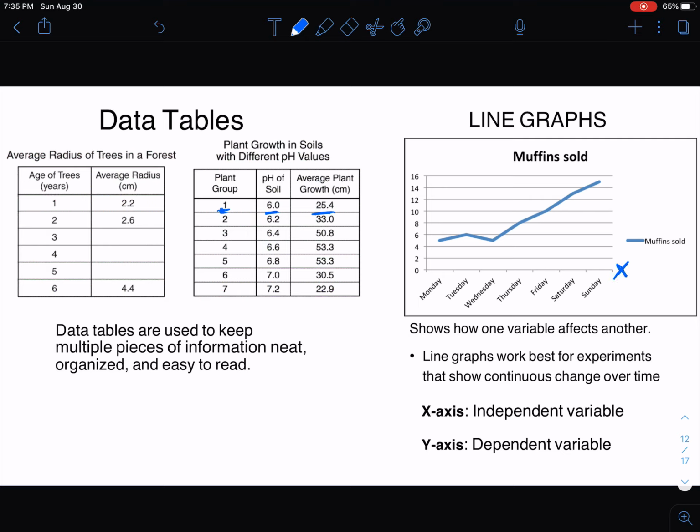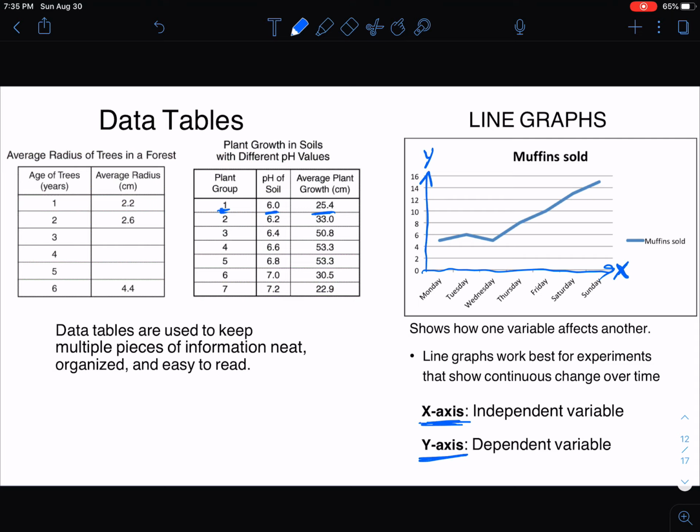The horizontal axis is your x-axis, and your vertical axis is your y-axis. And your x-axis is your independent variable, and your y-axis is your dependent variable. So anytime you go to create a line graph, independent variable goes on the x-axis, dependent variable goes on the y-axis.